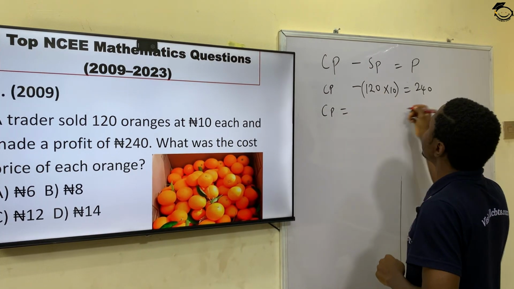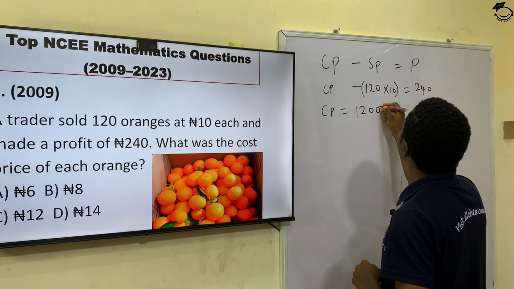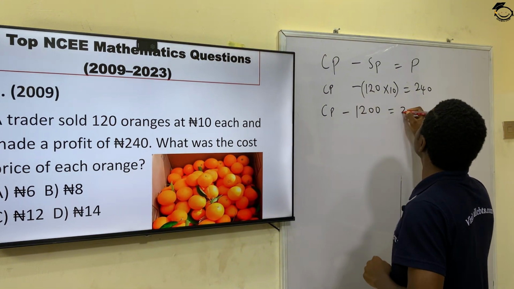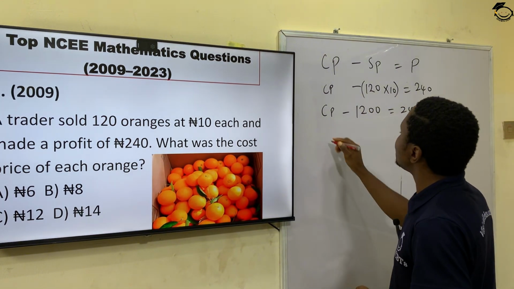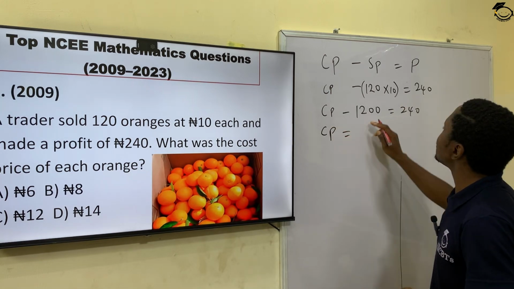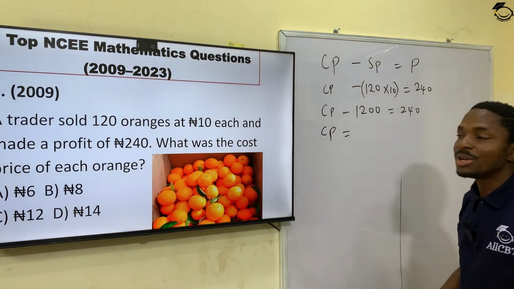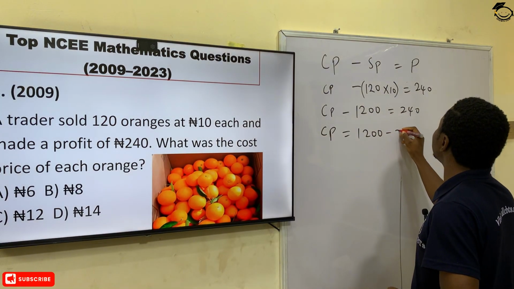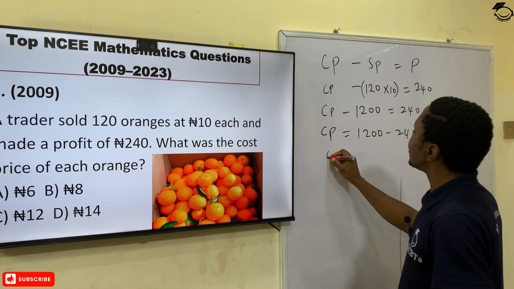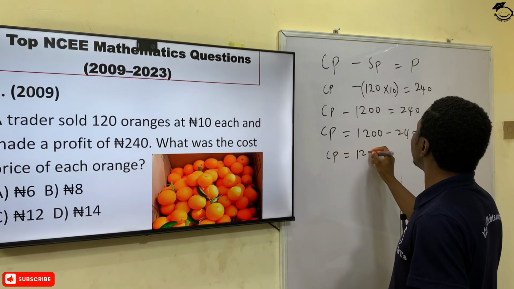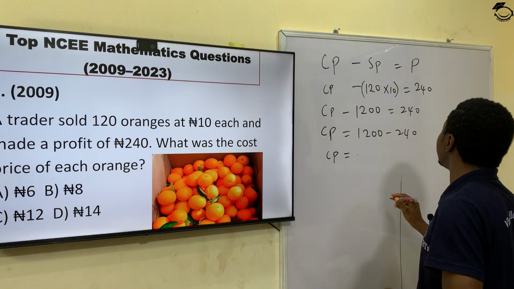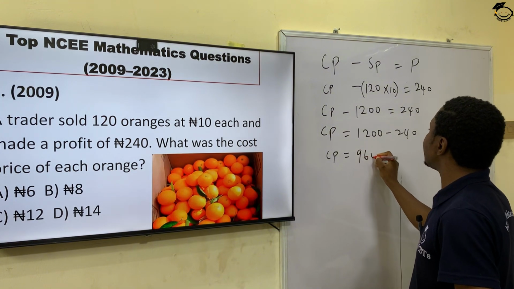You multiply this. 1,200 equals to 240. So cost price equals to, you take your 1 to the other side. So that will be 1,200 minus 240. The cost price will be what? 1,200 minus 240, 960.